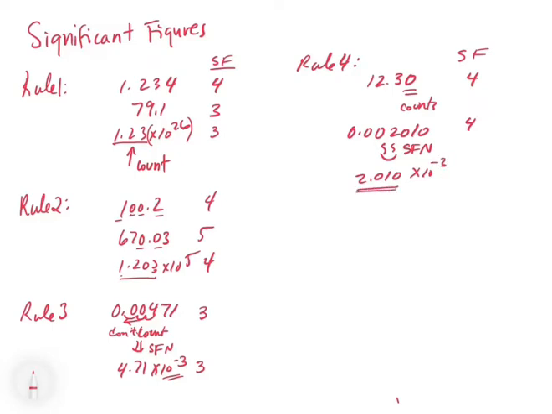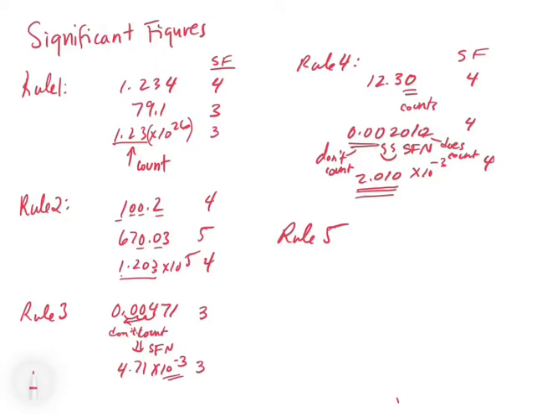Now you can see that all of those digits are significant according to rule number 4, and these do not count, because they're going into the times 10 to the minus 3, but this last zero does count because it comes after the decimal place. So this would be 4 significant figures. Let's look at rule number 5.